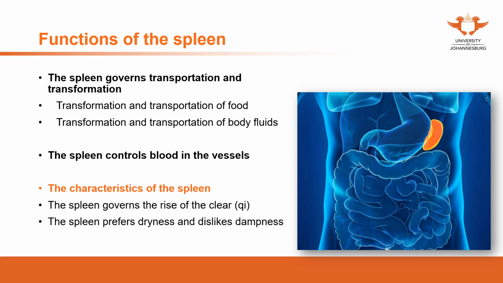For instance, because the spleen prefers dryness and dislikes dampness, if a patient has excess dampness in the body, the patient is more likely to have spleen disorder. That's because of this characteristic.